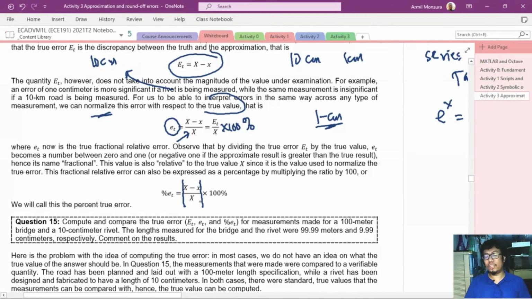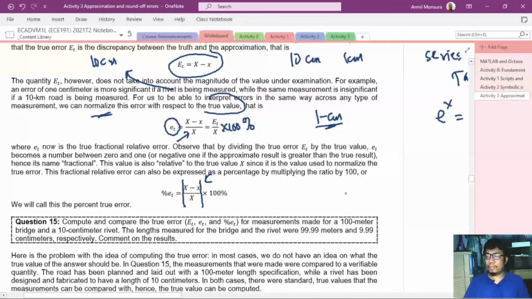So since we are considering the relative difference between them, okay, we will take its absolute value, so that whether the approximate value is bigger or smaller than the true value, we still interpret the error in the same way.